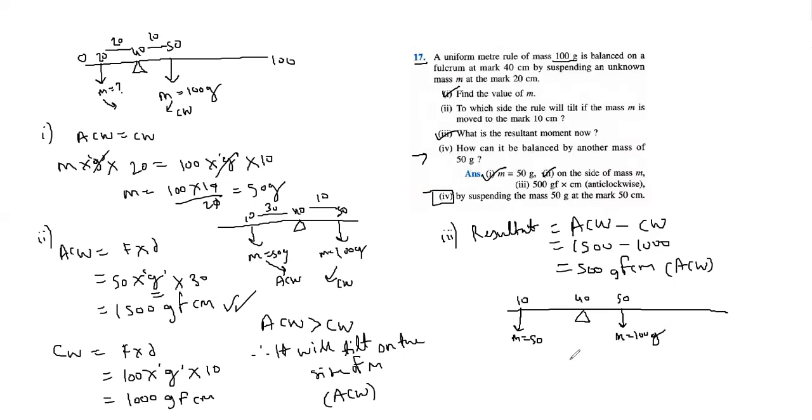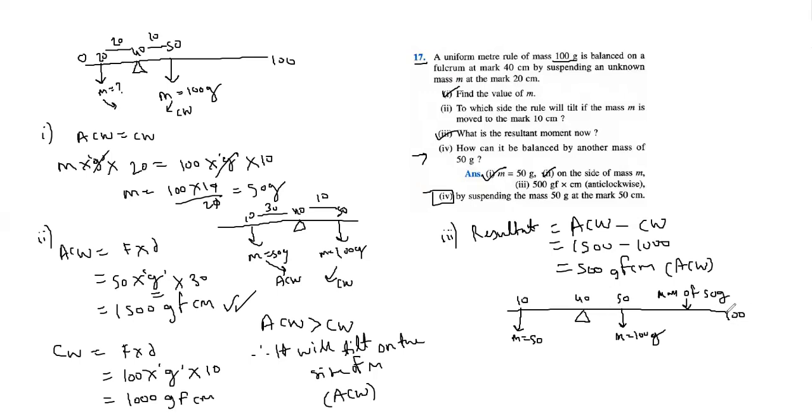So it is moving in the anti-clockwise direction, which means we will have to keep the mass of 50 gram somewhere on this side. This side means it could be anywhere between 40 to 100, right?